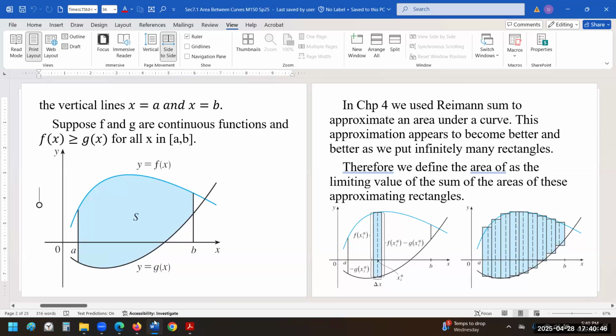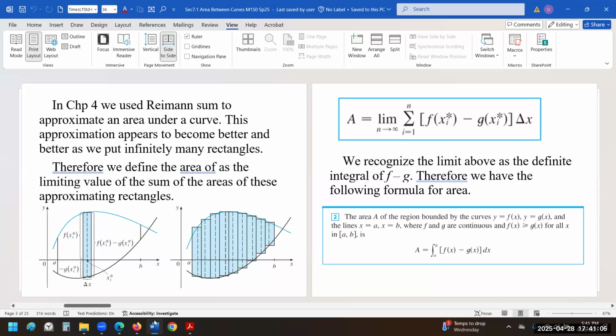Now, at the beginning, we learned that if we divide our area between the curves, or area under the curve, into many rectangles, the more rectangles we have, the better approximation we have to find the area. That's how we take the limit of the sum of the area of the differences between the two functions.